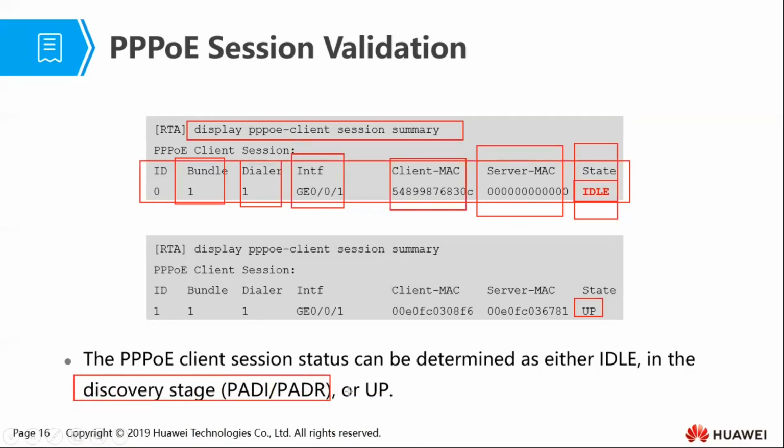Once you've formed the session and you have a session ID, then the status of the PPPoE client session will change to up. That is the difference. Otherwise, during this discovery stage, the PPPoE session will be in the idle state.